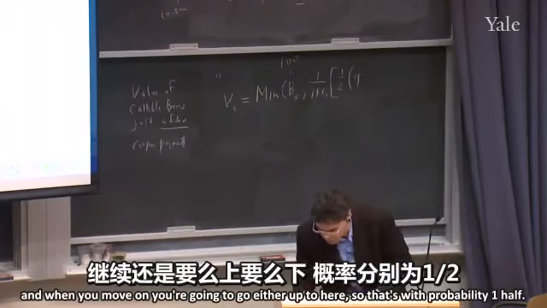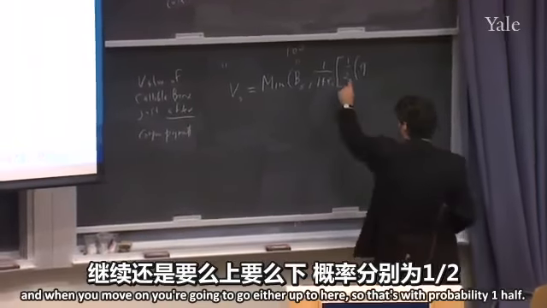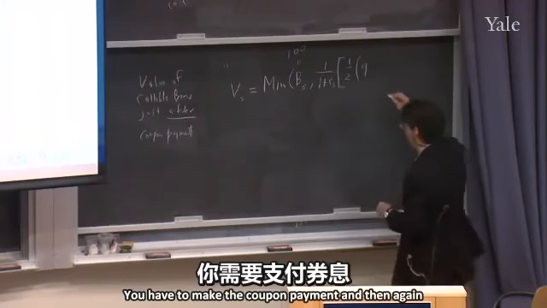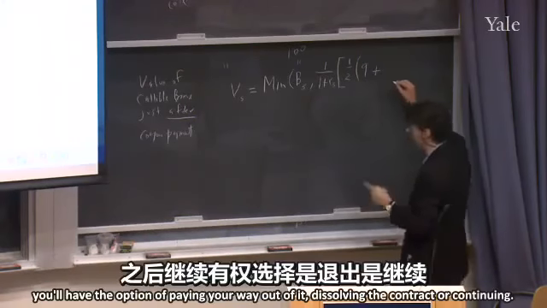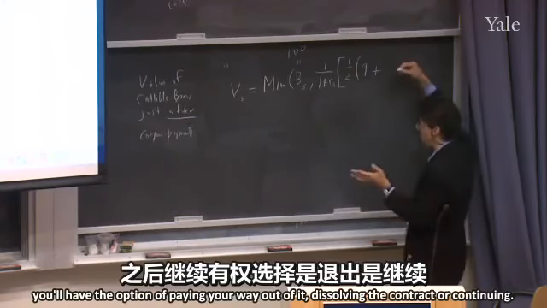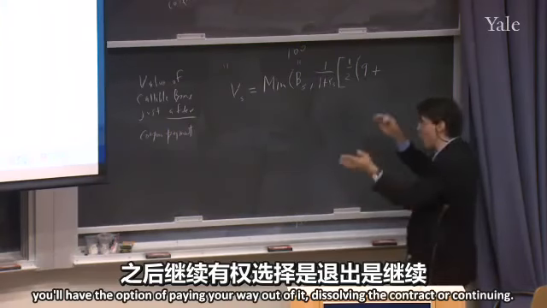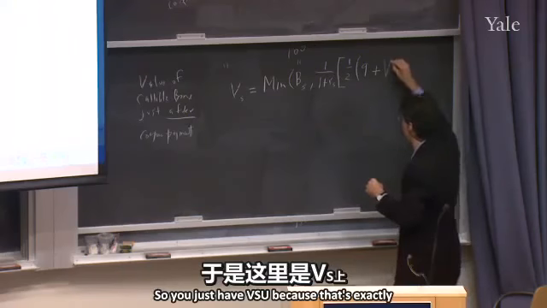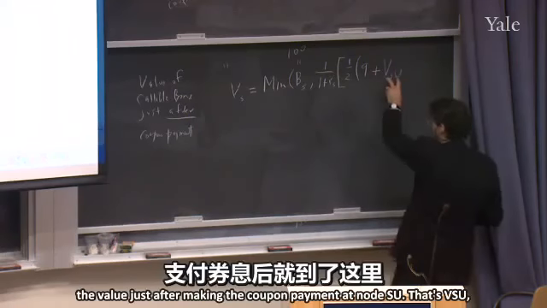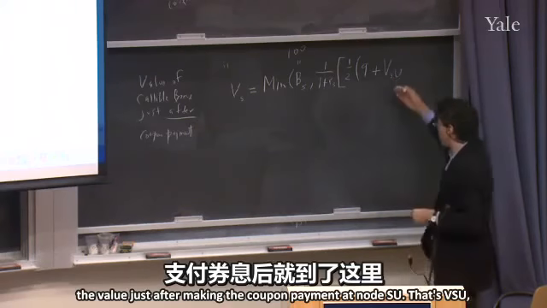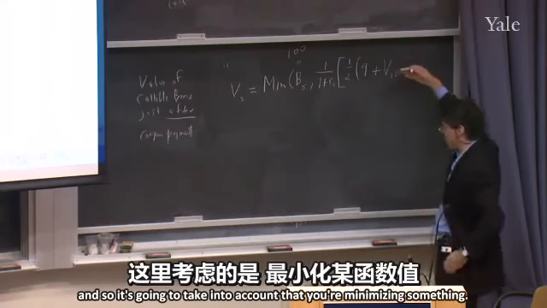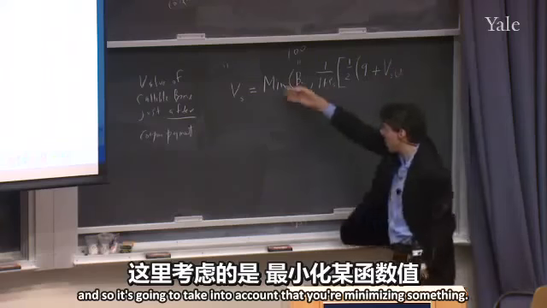And when you move on, you're going to go either up to here, with probability of a half. You have to make the coupon payment, and then again you'll have the option of paying your way out of it, dissolving the contract, or continuing. So you just have VSU, because that's exactly the value just after making the coupon payment at node SU. It takes into account that you're minimizing something.